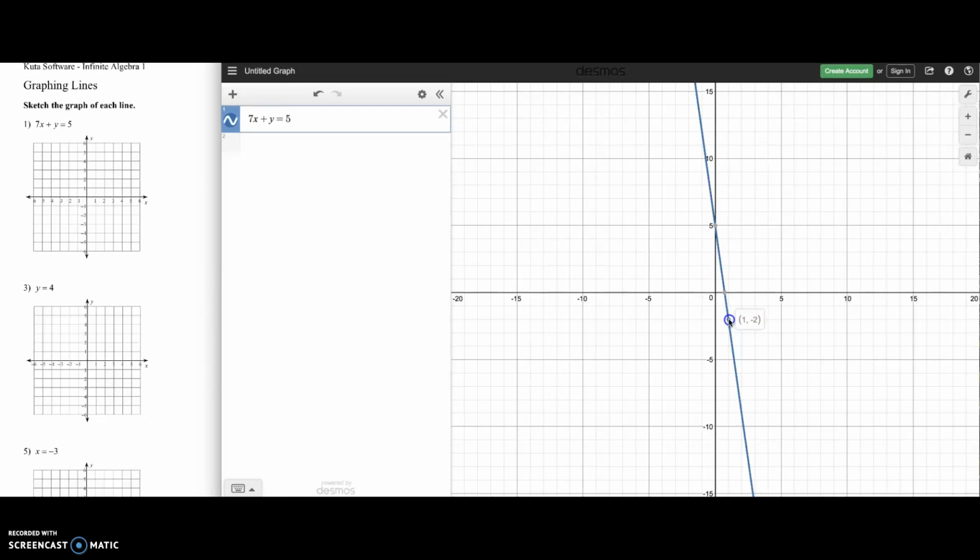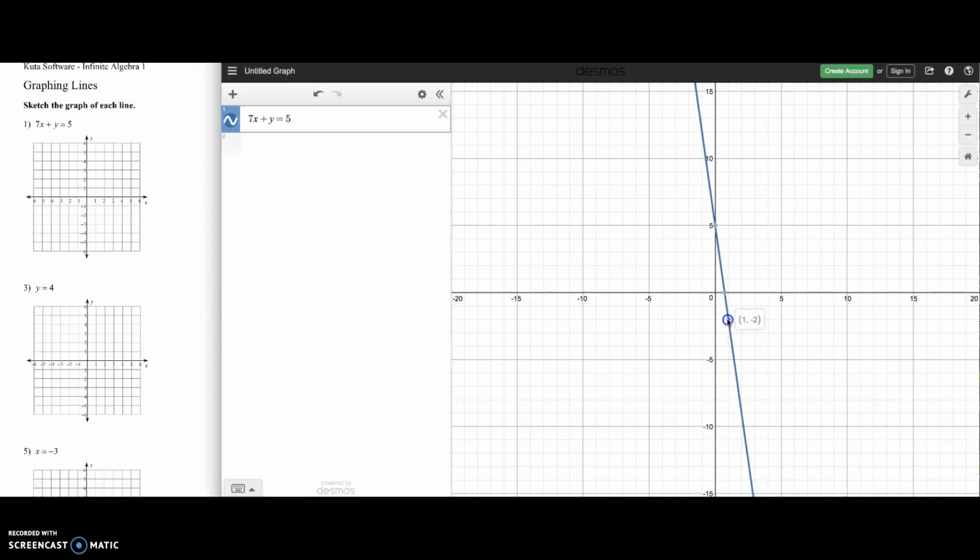So this one, I can see I went down from 5, so I went down clear to right here where it was -2, and I went over 1. So it looks like -7 was our slope on that one.